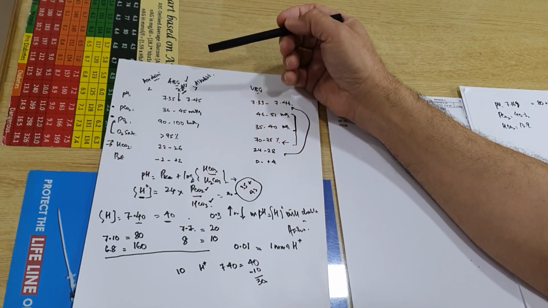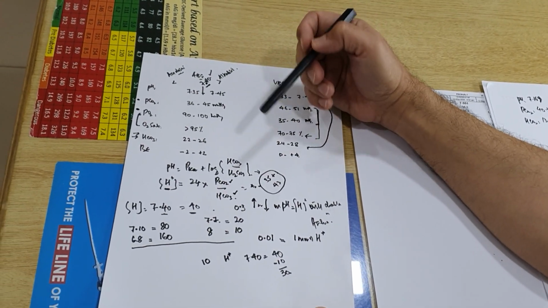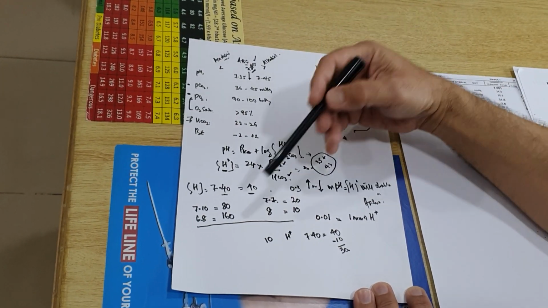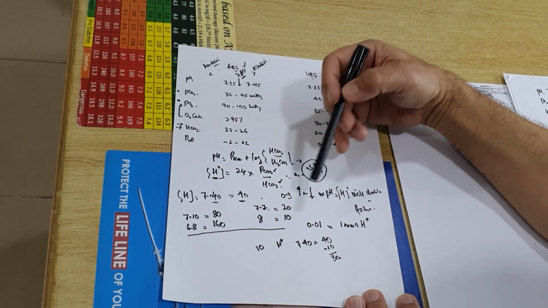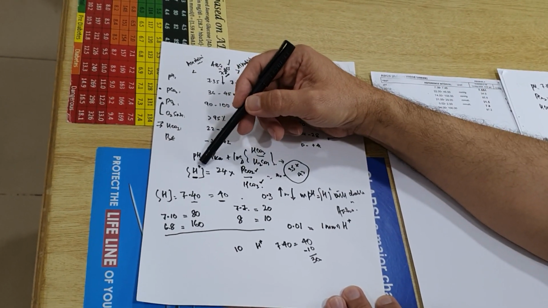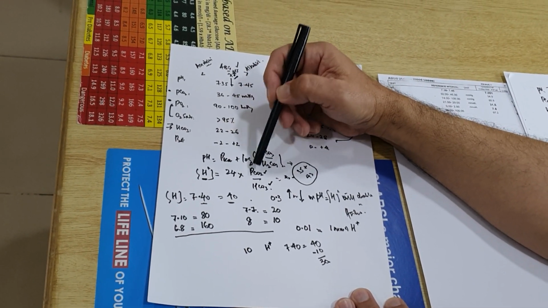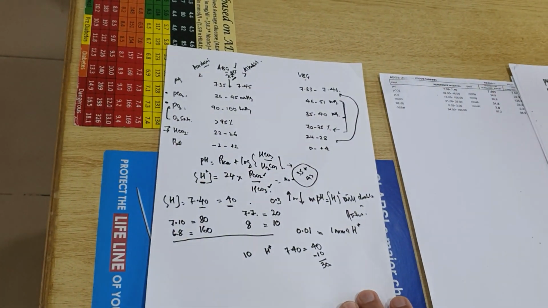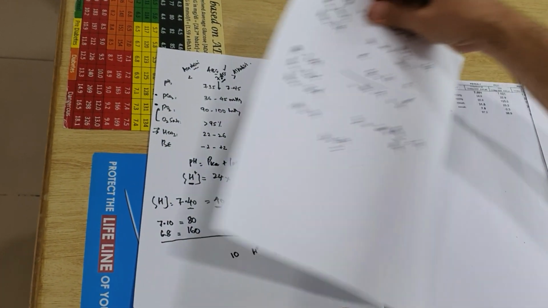If it's on the alkaline side, the hydrogen will halve, from 40 to 20. If it's on the acidic side, they'll double, from 40 to 80. Once we've calculated this value using the formula, hydrogen equals 24 multiplied by PCO2 divided by bicarb, then we can see if they match or not.